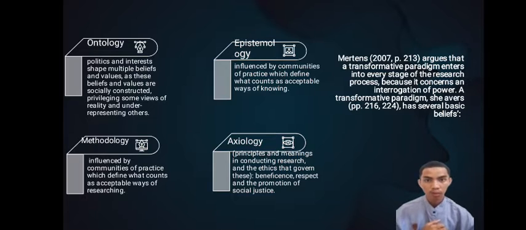And C, methodology, how we research complex multiple realities, influenced by communities of practice which define what counts as acceptable ways of researching, and where mixed methods can be used as they enable a qualitative dialogue to be established between the participants in the research.